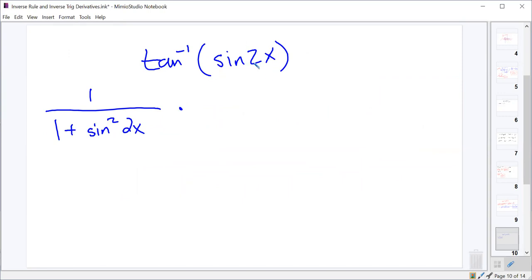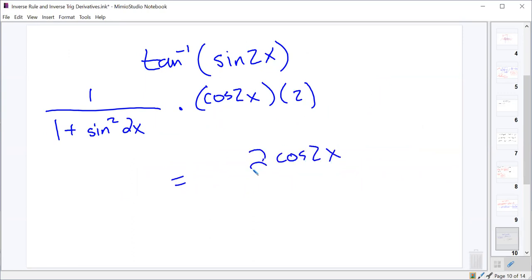And what's the derivative of sine 2x? That's a chain rule problem. It should be cosine of 2x times the derivative of 2x, giving us our final answer of 2 cosine 2x over 1 plus sine squared 2x. Everybody good with that or no?